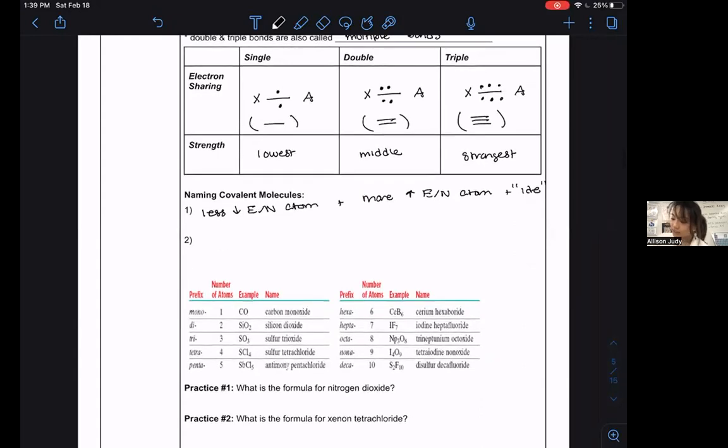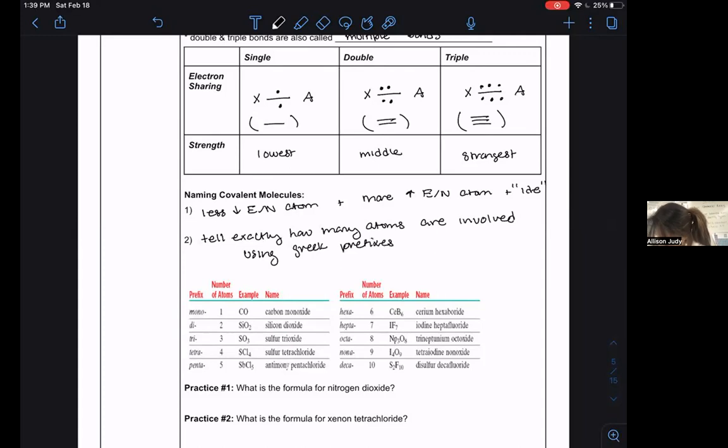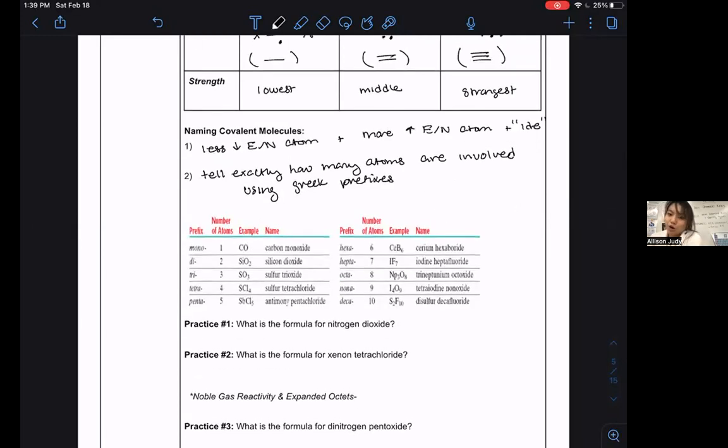But what is unique is that now we tell the listener exactly how many atoms are involved using Greek prefixes. Because we don't have charges to just mathematically figure out how many we need, now we just have to tell you because there's no way you would know.